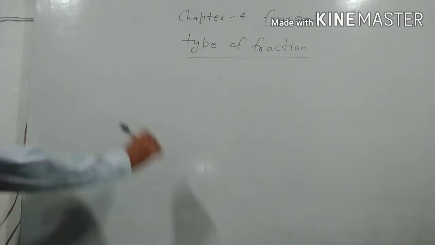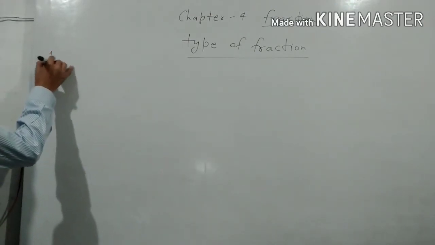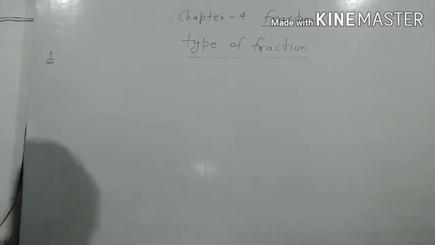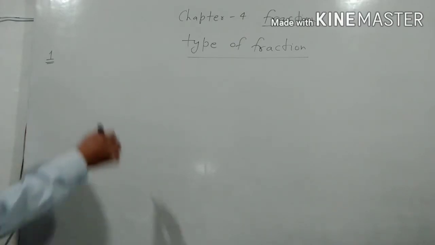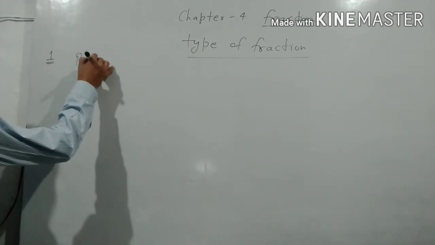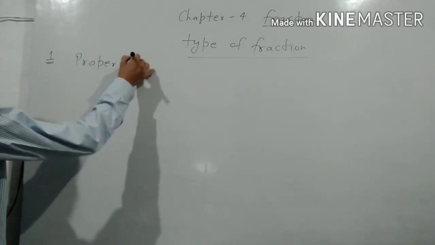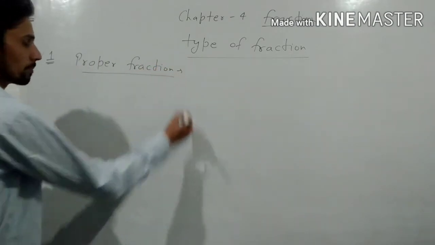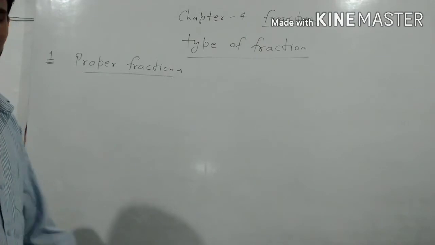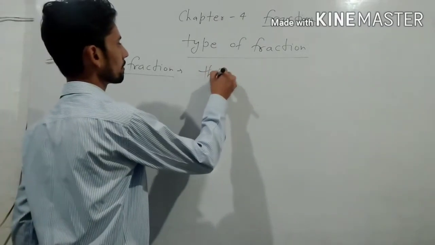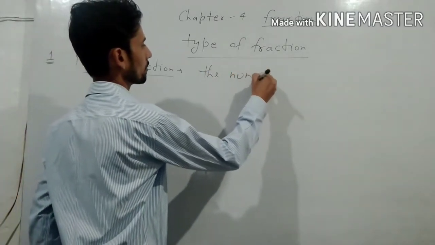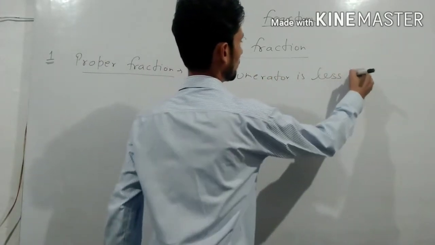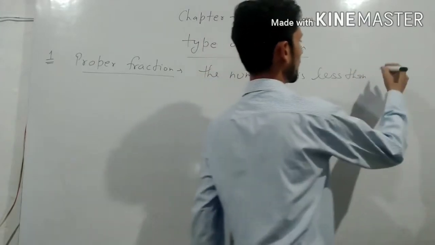There are three types. First, proper fraction. The numerator is less than the denominator.